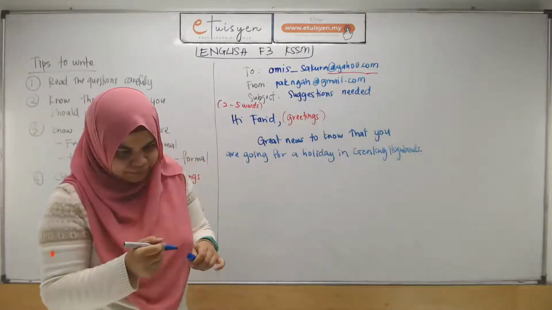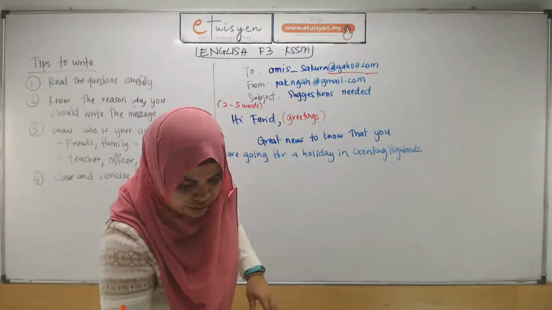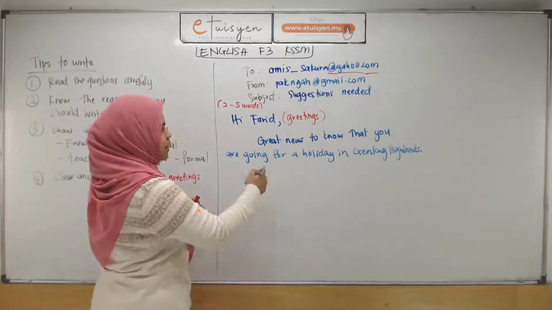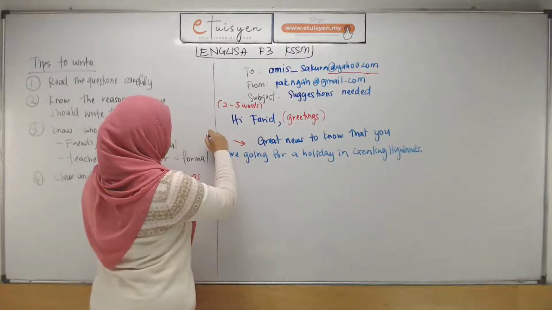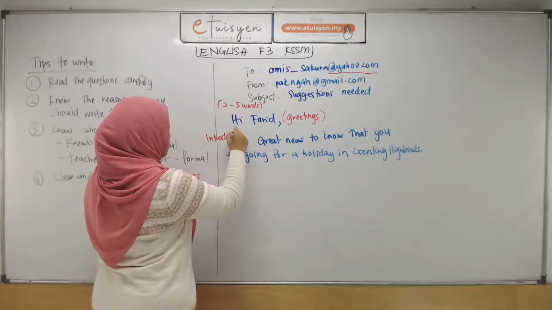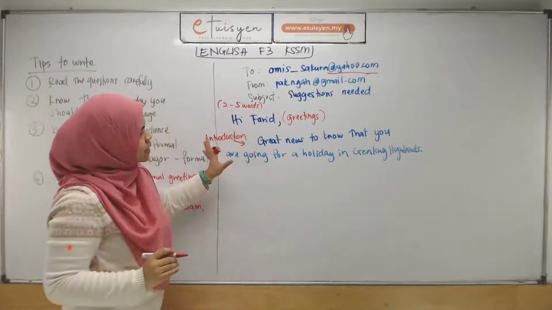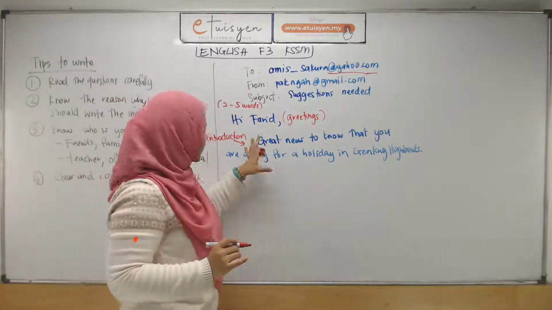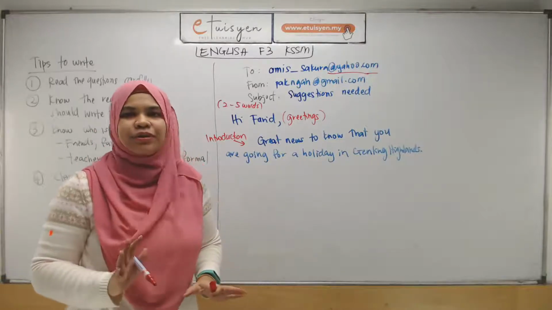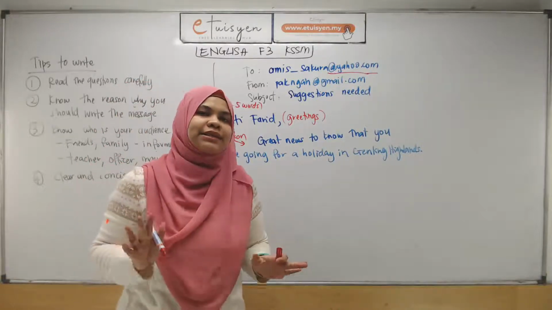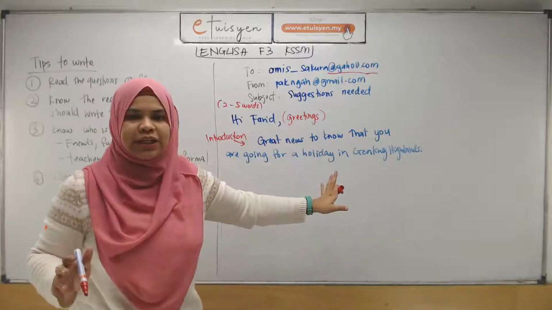Okay? Right. So here, apa yang Miss tulis kat sini, ni adalah introduction. Okay, satu ayat je. So here you keep it to one sentence. Don't make it two sentences. Satu sentence sahaja. It should be really short.